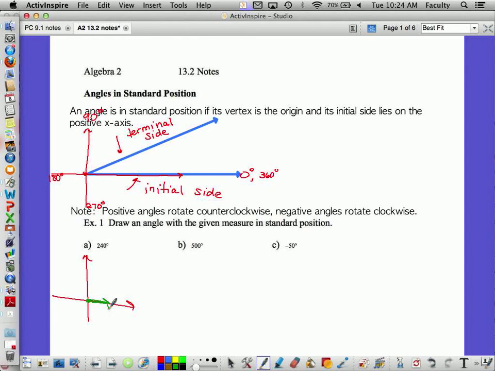Now remember, to go to 240, I've got 90, 180, 240 is more than halfway. Positive angles start at the positive x-axis and rotate counterclockwise.